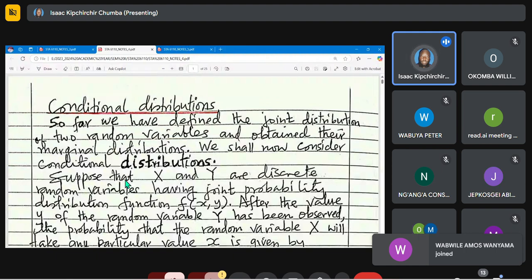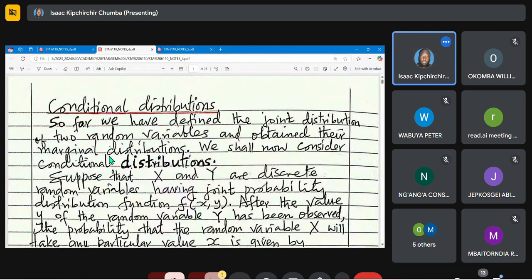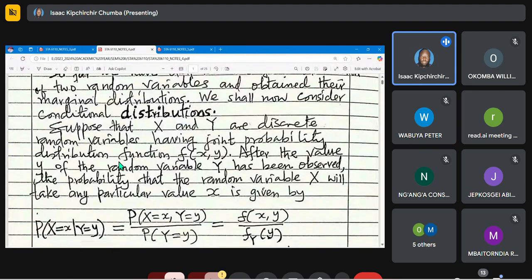So conditional distributions. So far we have defined the joint distribution of two random variables and obtained their marginal distributions. We shall now consider conditional distributions. Suppose that x and y are discrete random variables having joint probability distribution function f of xy, that is our usual notation.